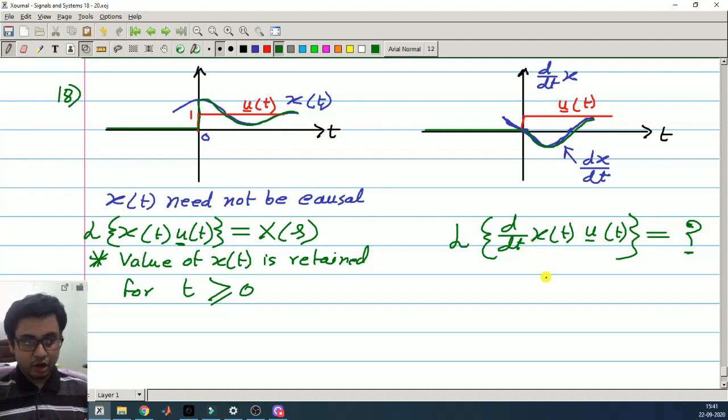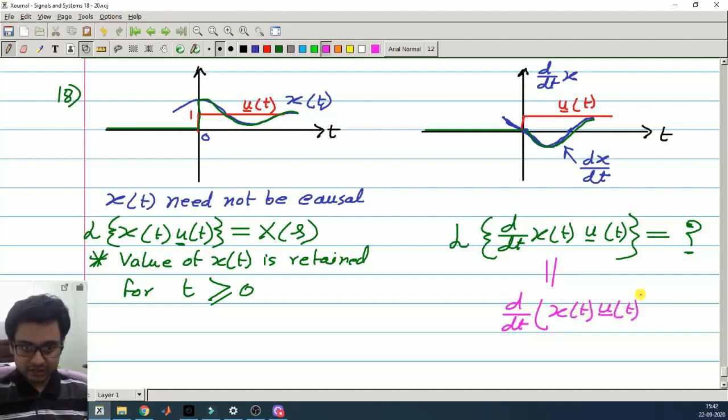Please remember or understand that this term is not the same as d/dt of x(t) multiplied with u or u minus. Here we first multiply and then differentiate. Here we actually first differentiate and then multiply.